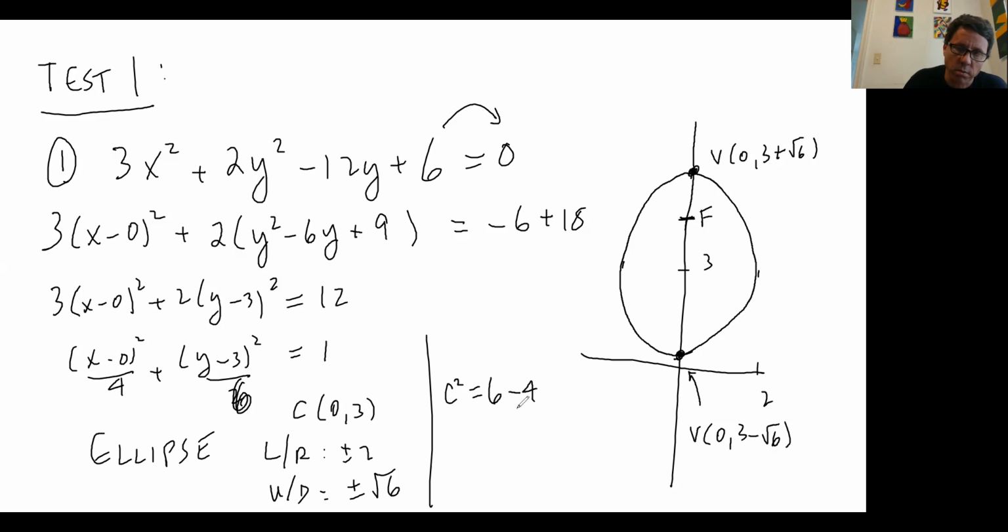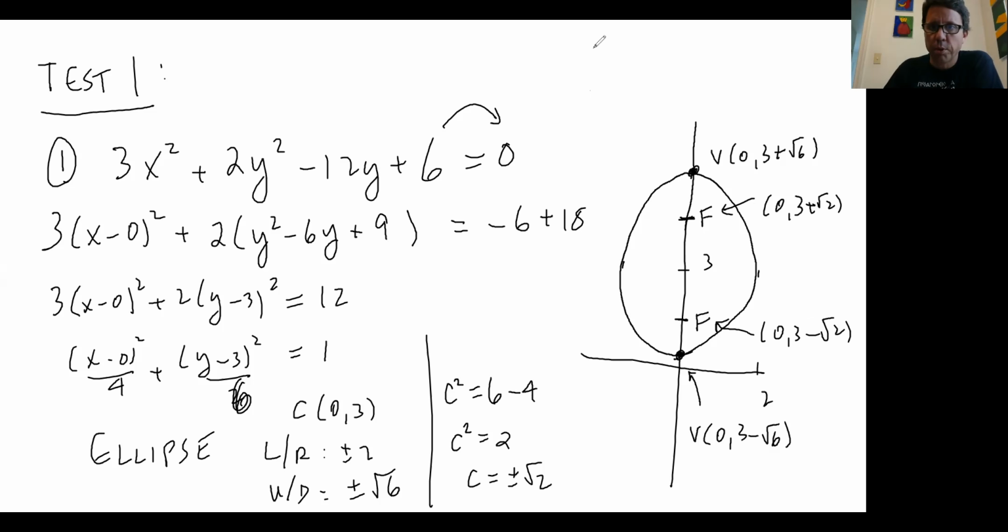And you have to subtract in the right order, or else you get a negative, and that doesn't make any sense. So c is plus or minus square root 2, which is how far up and down you go in order to get to the focal points. So that focus is at 0, and then you go up 3 plus square root 2, and that one is at 0, 3 minus square root 2.